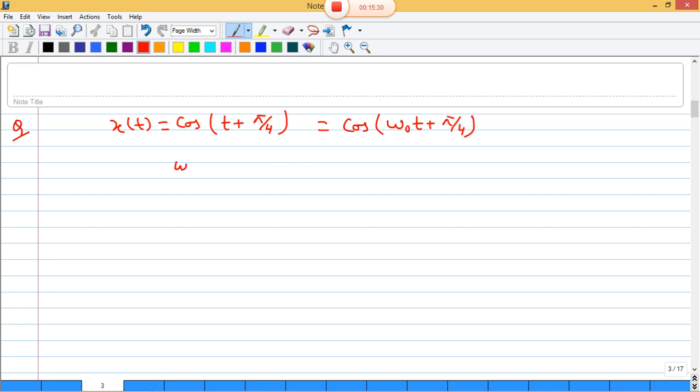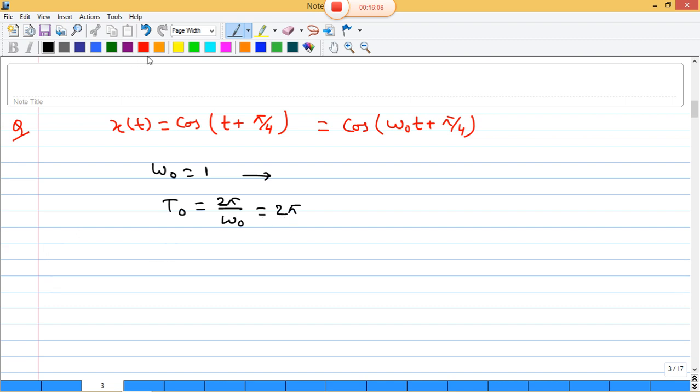What will be omega naught? Omega naught is 1. Clear? So xt is periodic. Now time period T naught is 2 pi by omega naught, so it will be 2 pi. So omega naught is 1, means signal is periodic. Now fundamental time period is 2 pi by omega naught, which is equal to 2 pi.